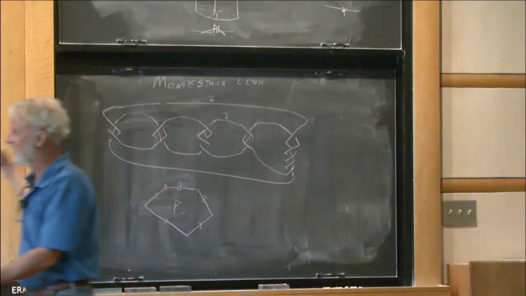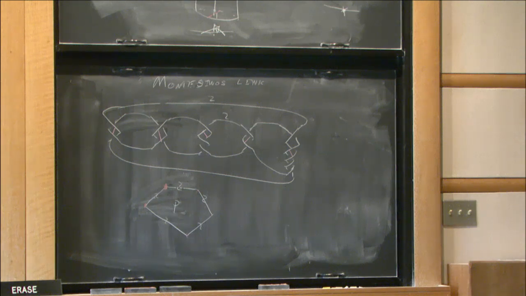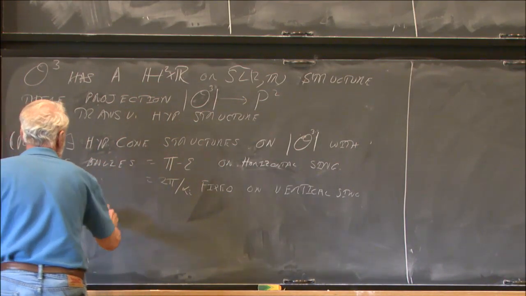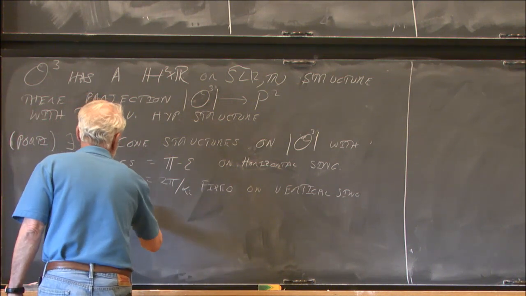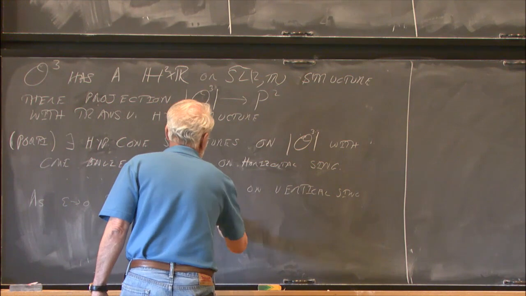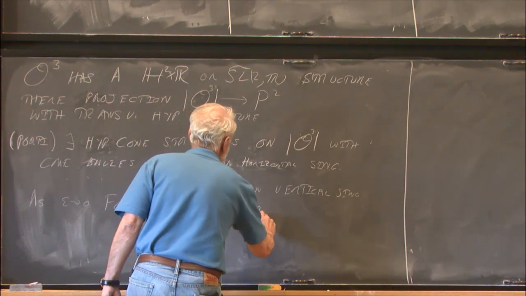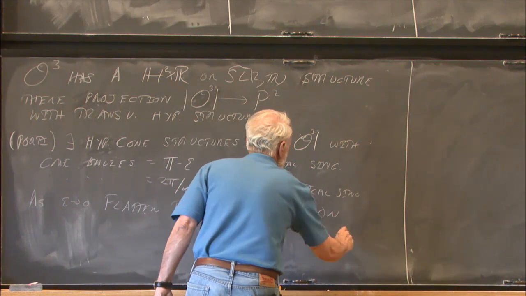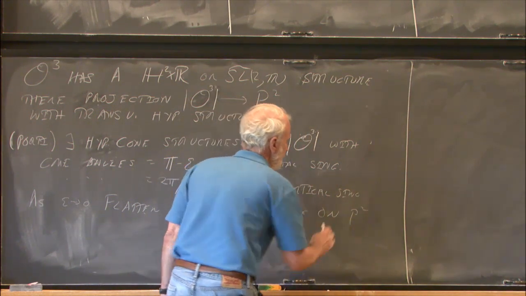And in particular, as you guess, the whole point here is that as epsilon goes to 0, this flattens to a hyperbolic structure on P2.